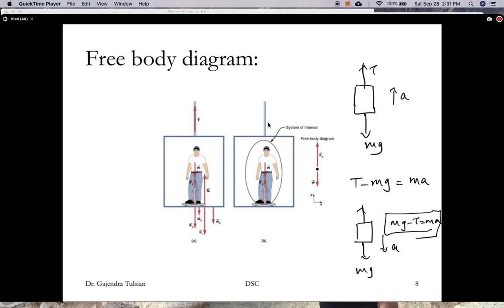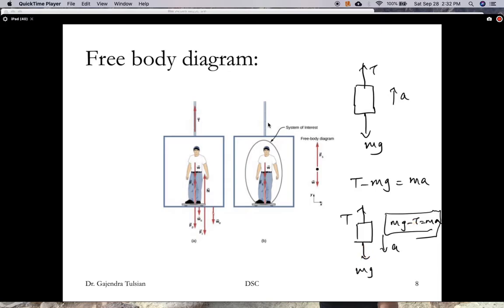So if the elevator is accelerating upwards, you can see that tension is greater than the weight. And if the elevator is accelerating downwards, the weight of the elevator is greater than the tension.